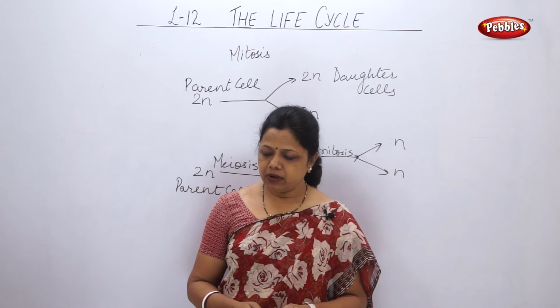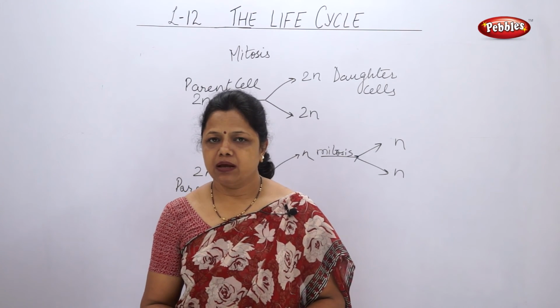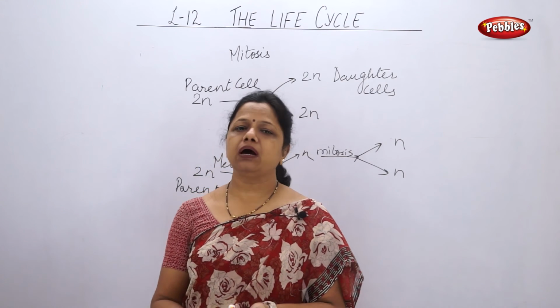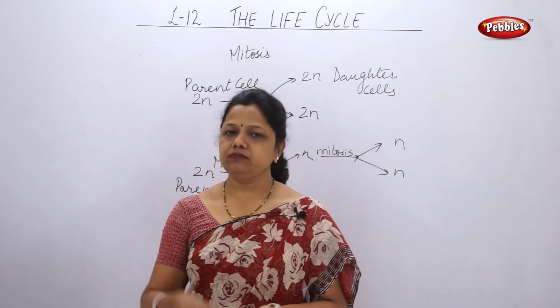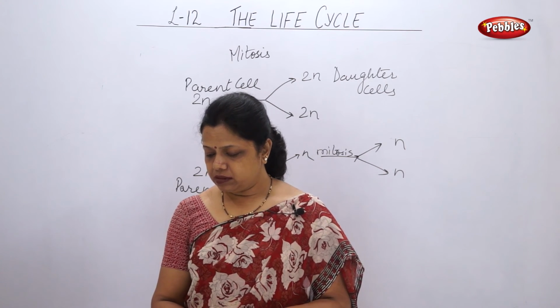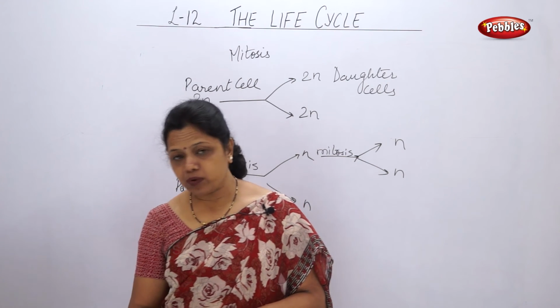First, name the unicellular organisms which reproduce by binary fission. Binary fission is seen in amoeba, euglena, and paramecium. These are the three examples where binary fission is seen. Second, name the plants which undergo vegetative propagation.